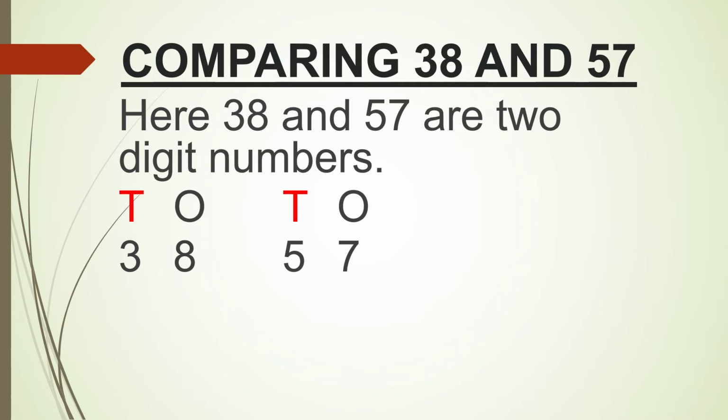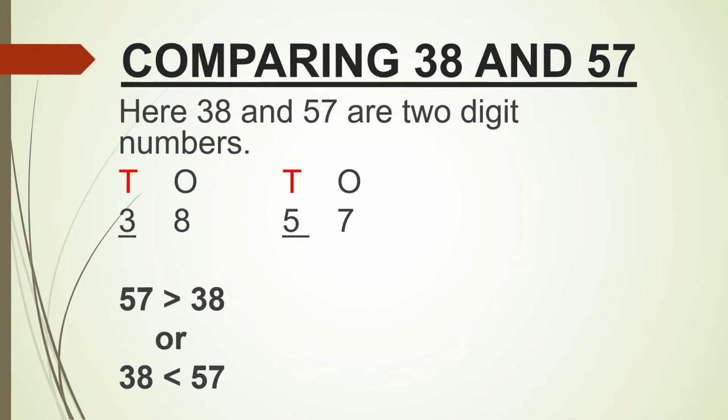In 38, the digit in tens place is 3 and in 57, the tens place digit is 5. In 3 and 5, 5 is greater. So, 57 is greater than 38. So, it is written as 57 greater than 38 or 38 smaller than 57.